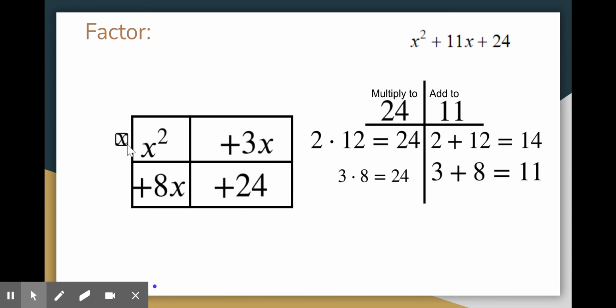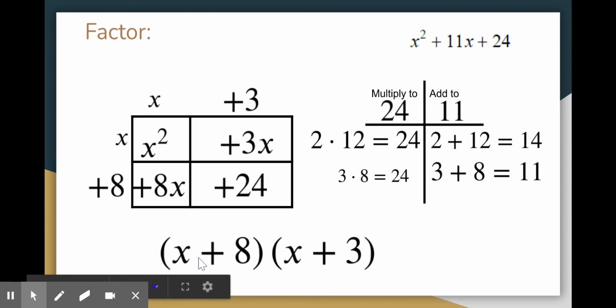I'm going to take out x as my greatest common factor, so x times x is x squared. And then x times 3 is 3x, and x times 8 is 8x. So my two factors are x plus 8 and x plus 3. And that's my final answer.